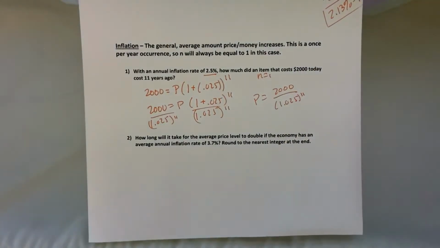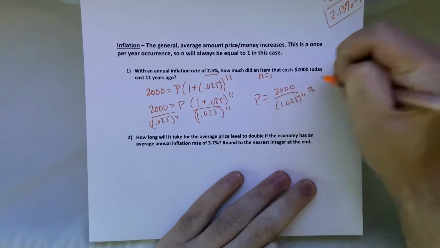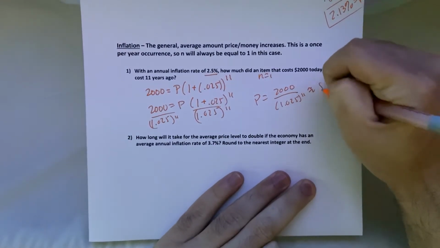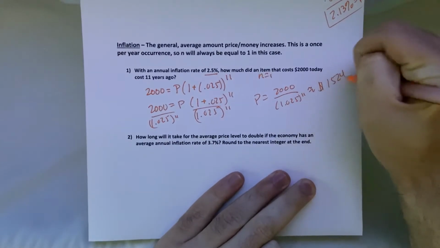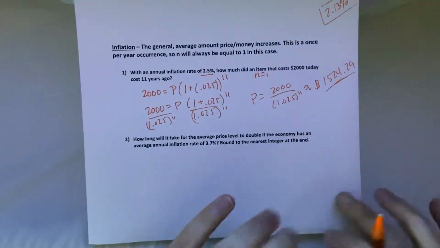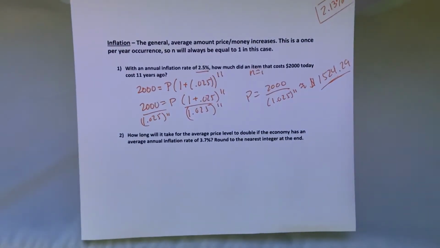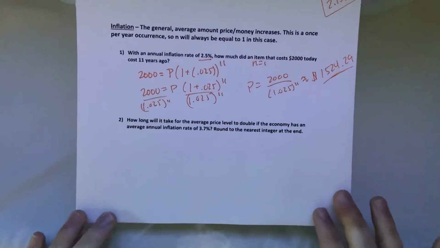So let's see what that is. Is approximately $1,524.29. So you can see that in 11 years, just generally from price level increases, the price of things will go up. It's roughly something that was $1.50, would cost $2 now, etc.